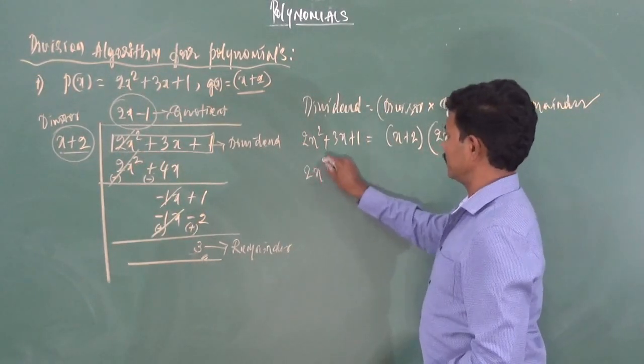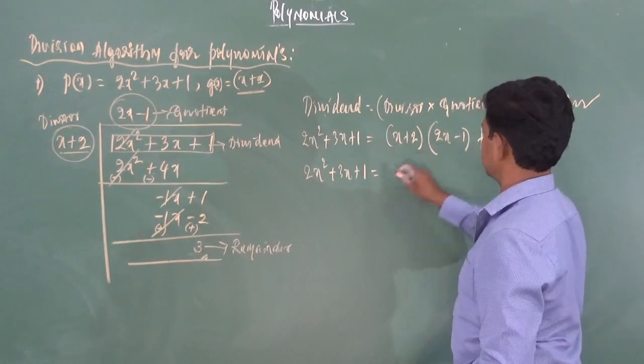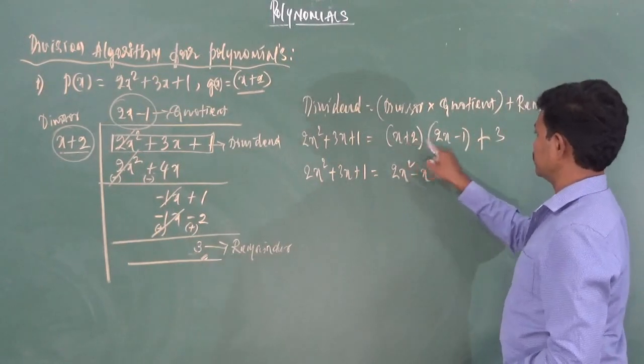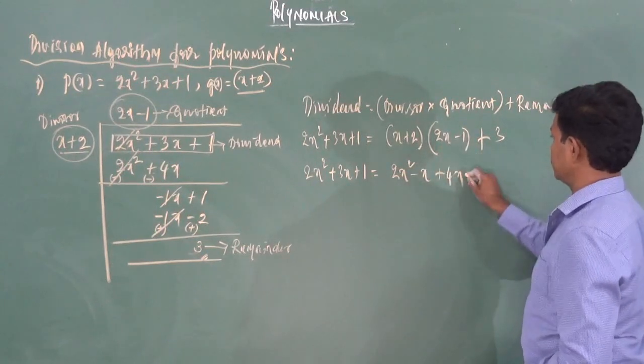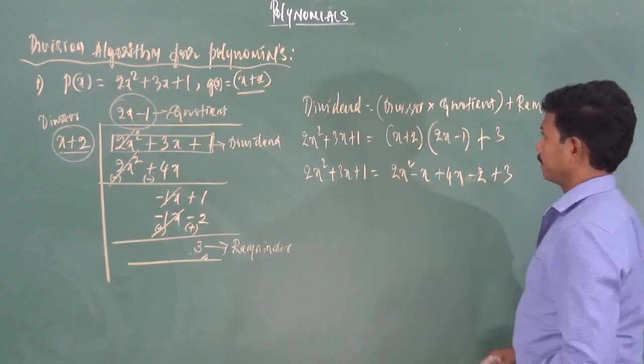So 2x square plus 3x plus 1 is equal to x into 2x is 2x square, x into minus 1 is minus x, plus 2 into plus 2x is plus 4x, plus 2 into minus 1 is minus 2, and plus 3.